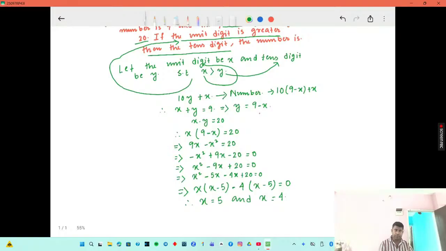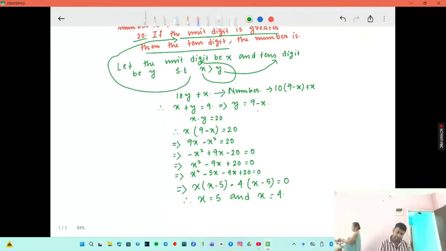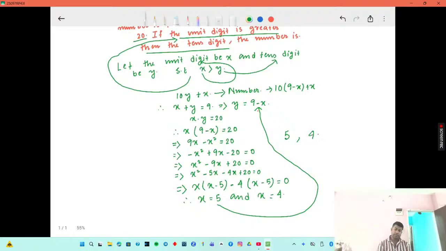Here the question says the unit digit of the number is greater than the tens digit of that number. So the value of x is 5, and when we put the value of x in this equation, we get the value of y as 4.